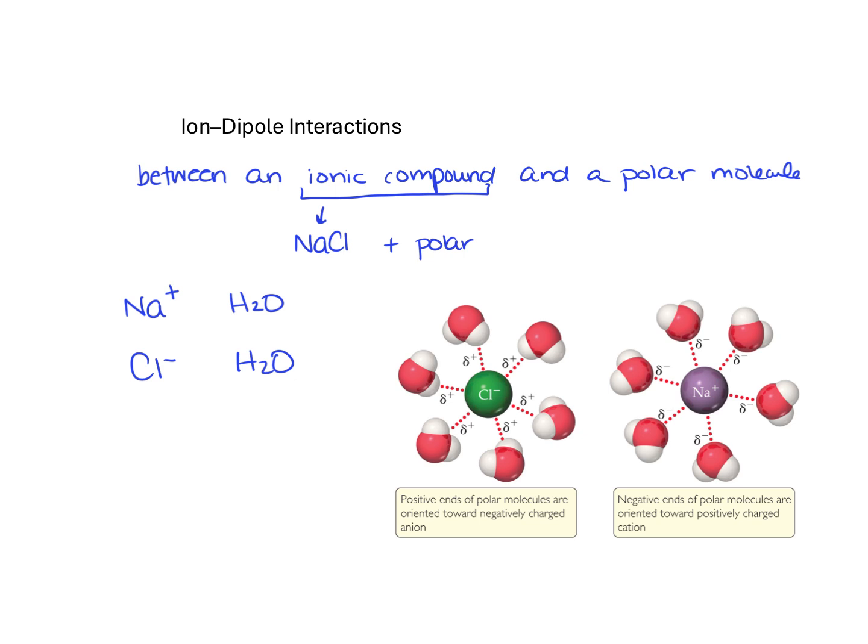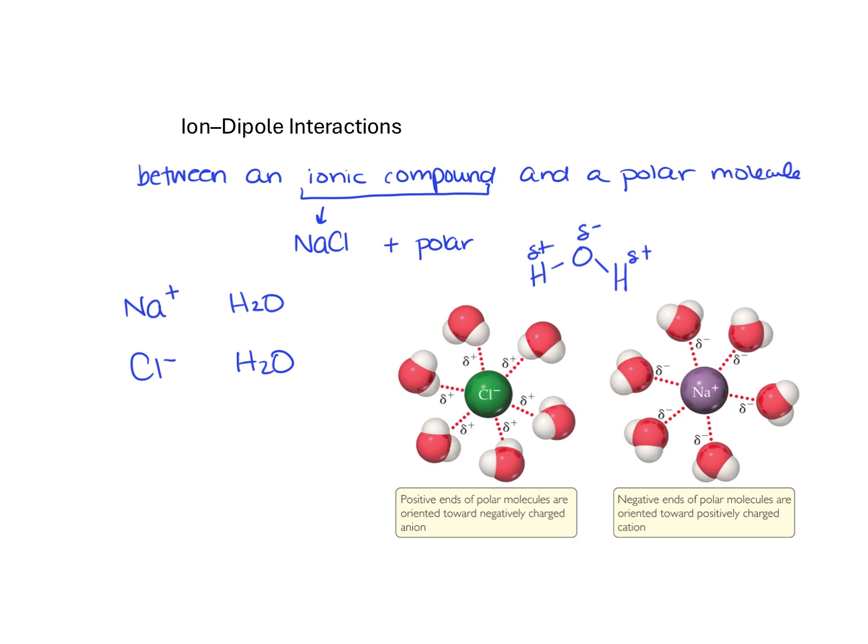Now, when we think about this ion dipole interaction, we're messing with sodium chloride here. We've got chlorine with a negative charge. When you think about the structure of water and we think about that polarity, right? Oxygen's more electronegative. Hydrogen is more electropositive, right?